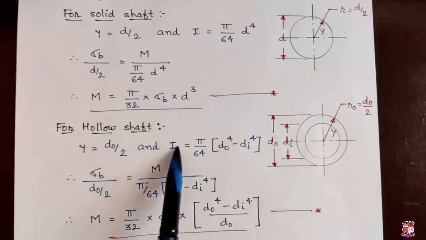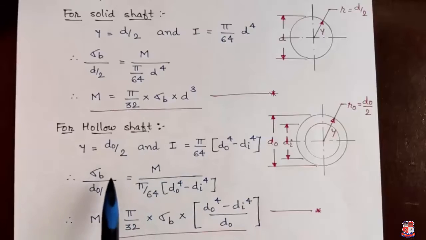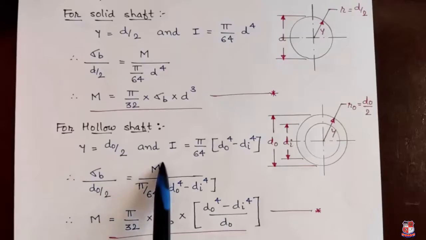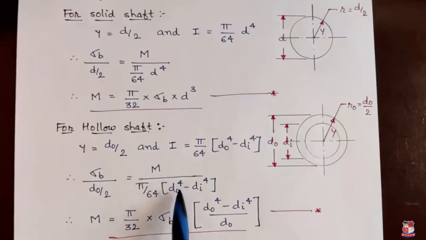Now again we have to repeat the procedure and put the values of y and I in the first equation, that is sigma b by y. Here y is Do by 2 is equal to capital M divided by I. I is pi by 64 into Do raised to 4 minus Di raised to 4.